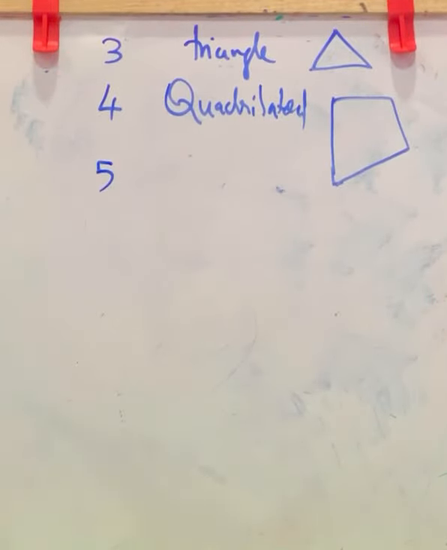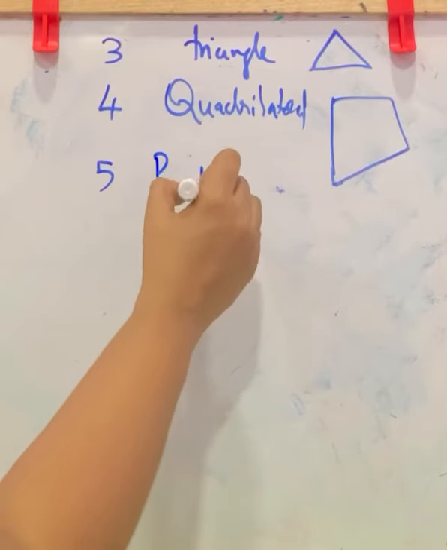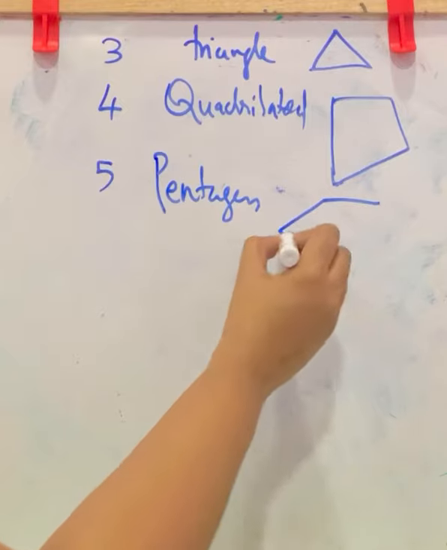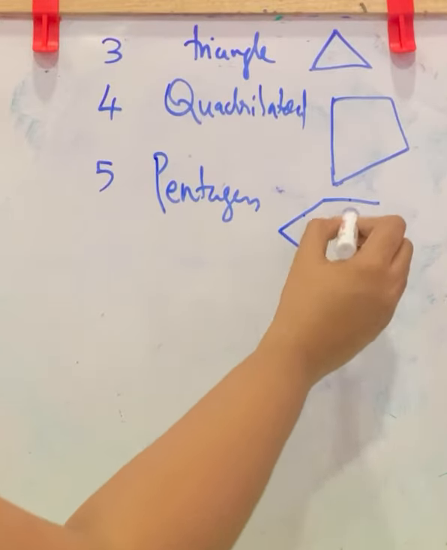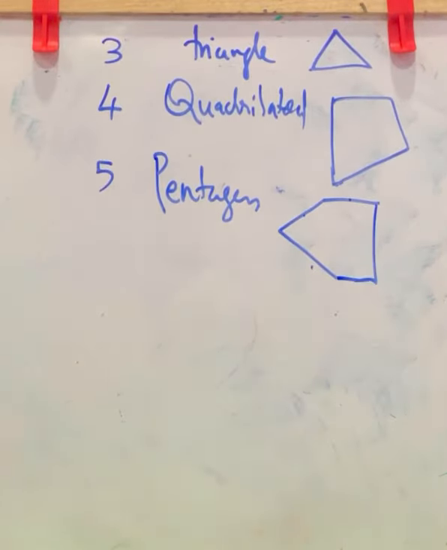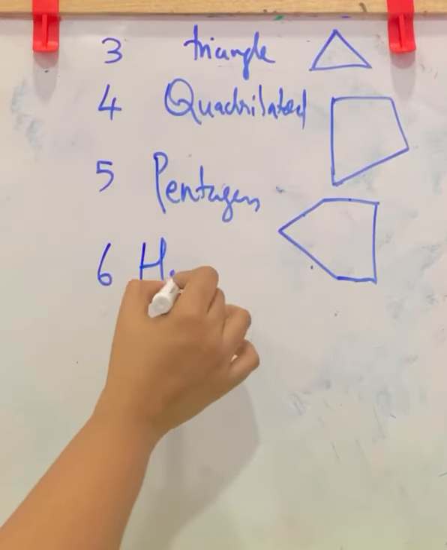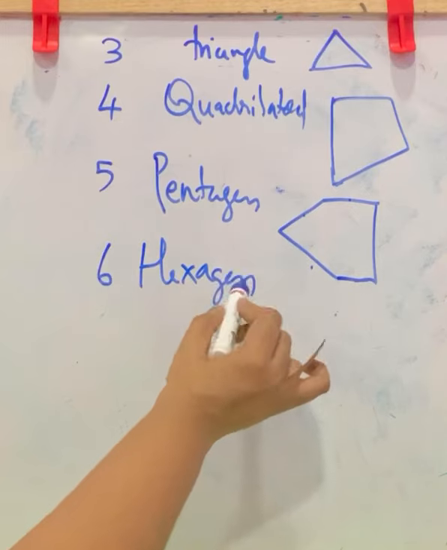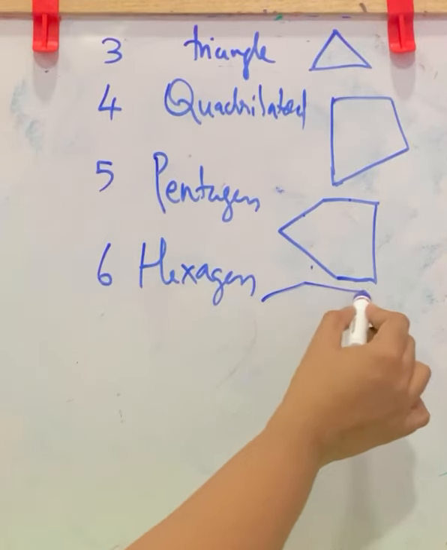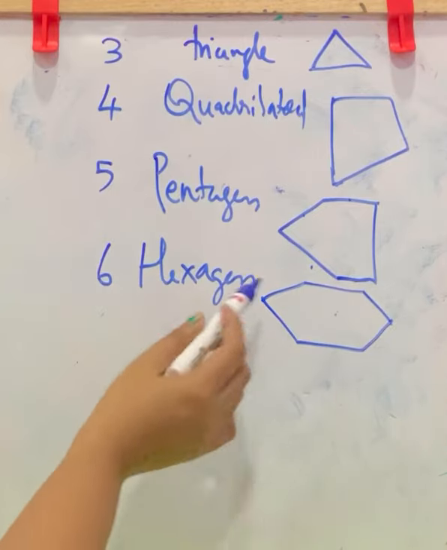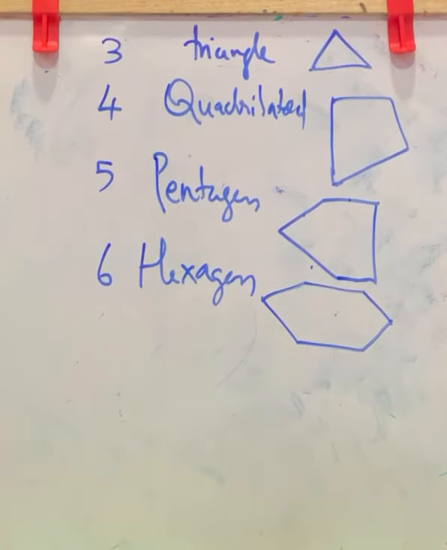Now, if the number of sides or vertices is 5, we say it is a pentagon and it has 5 sides. This is an example for a pentagon. Now, if it is 6 sides, we will name it as hexagon, that is, here we have a 6-sided figure.